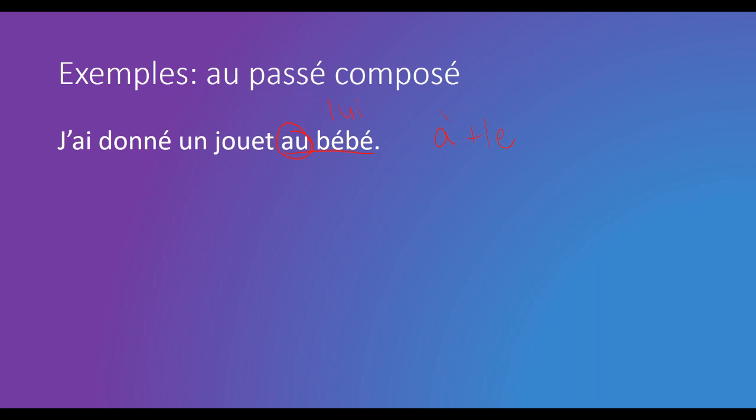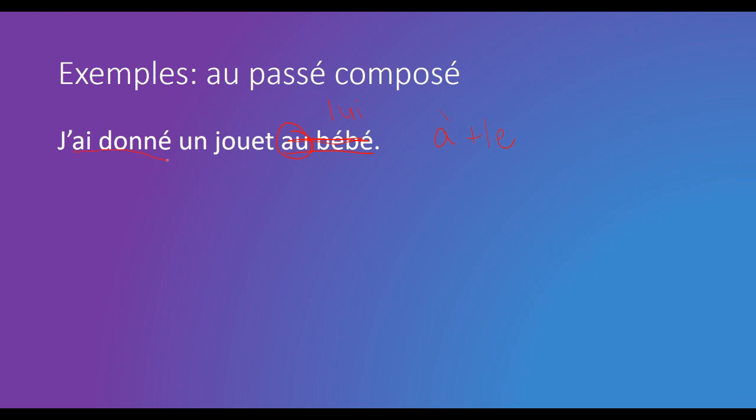Okay, now let's look at the rest of the sentence, because once again, now that we are replacing it, we are not rewriting it, so now we are just left with "j'ai donné un jouet." Now, "un jouet" is actually a direct object. There will be a point down the road where we do both of these at the same time, but that is not today. Okay, so now I am left with it. Let's see, where does that rule go? It goes before the conjugated verb.